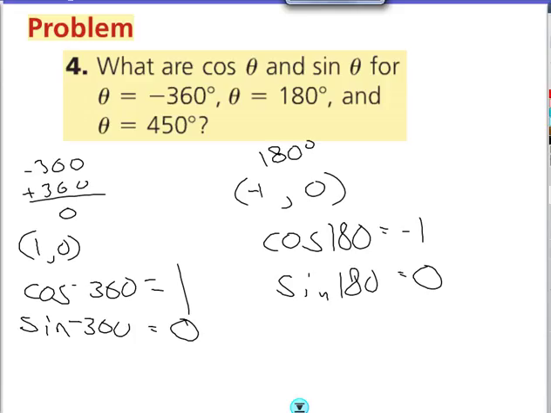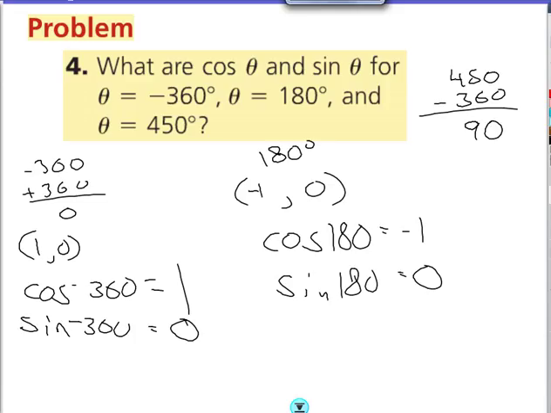450 degrees. What am I going to have to do there? Subtract 360. So 450 minus 360 is 90.